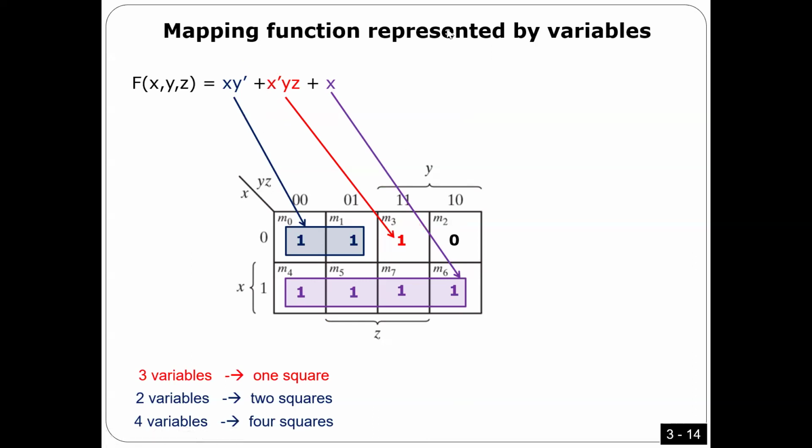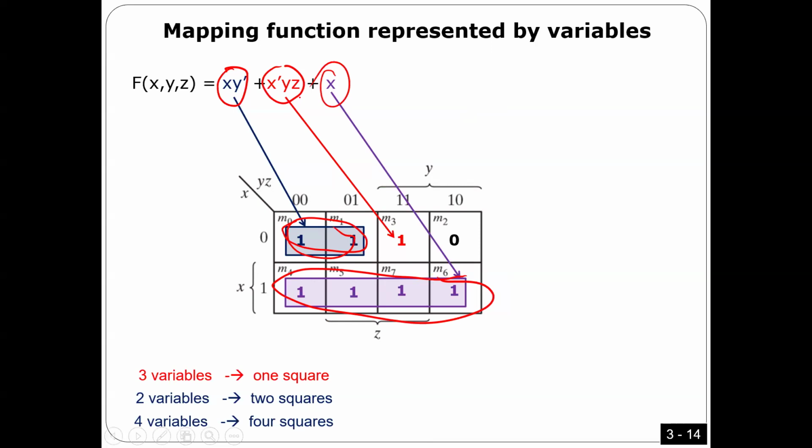The other thing is you maximize the size of the groups. Why? You can see here, if I make a group that has only one, this group has 3 variables. If you make a group of 2, this one has 2 variables. If you make a group of 4, it's going to have only 1 variable.